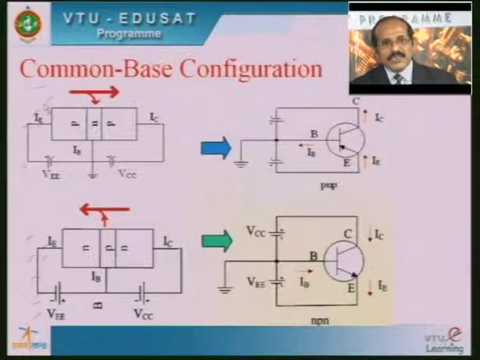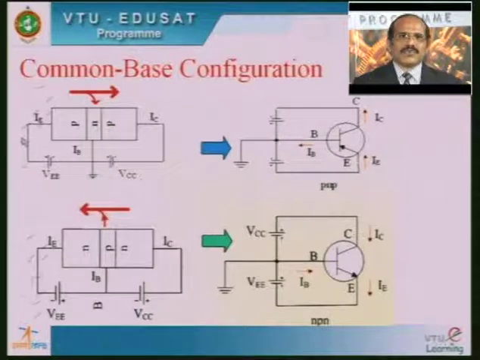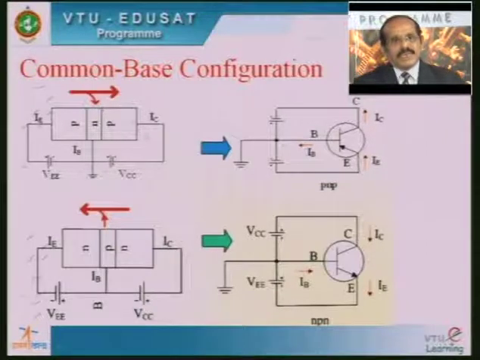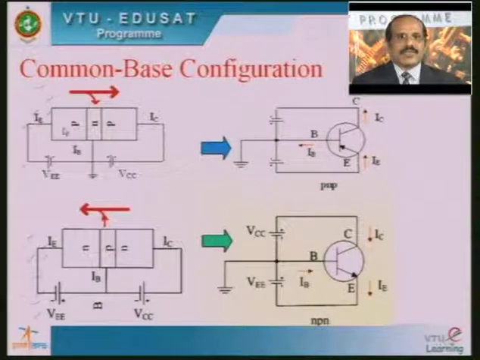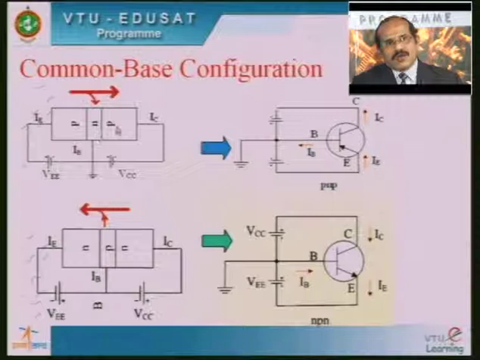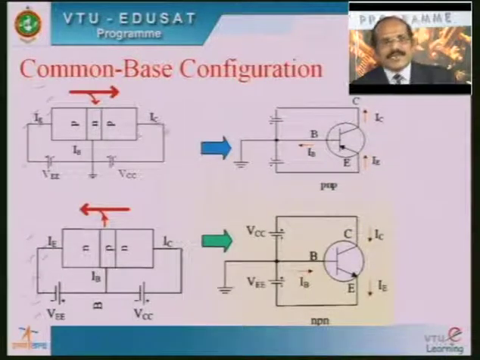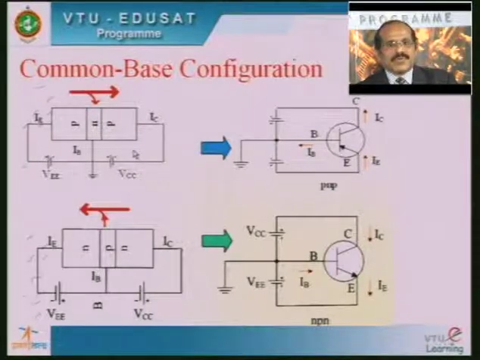Here you can see the common base configuration for both the PNP as well as the NPN transistor. In the PNP transistor, this P acts as the emitter, this N acts as the base layer, and this P acts as the collector layer. The emitter P is connected to the positive terminal of VEE with reference to the base, so this junction is forward biased. The collector P layer is connected to the negative terminal of VCC with reference to the base, so this will be reverse biased.